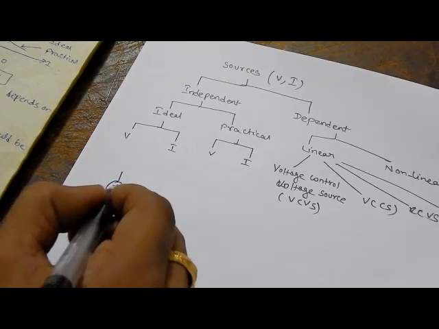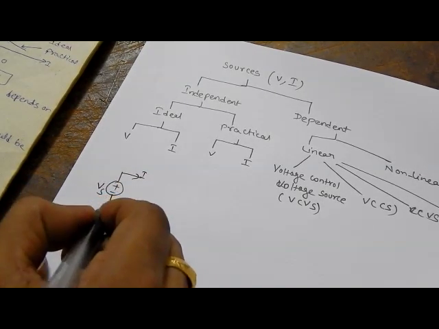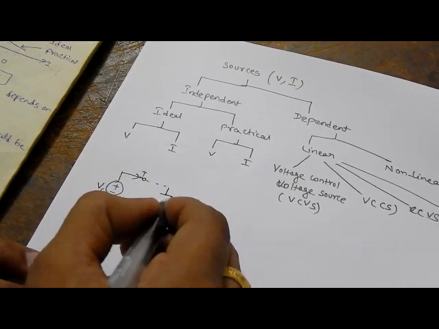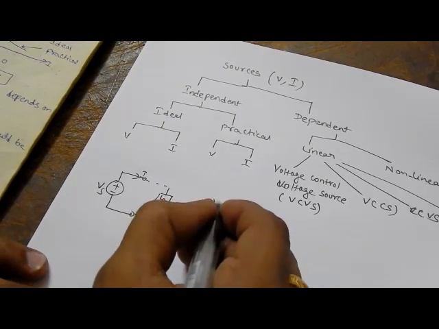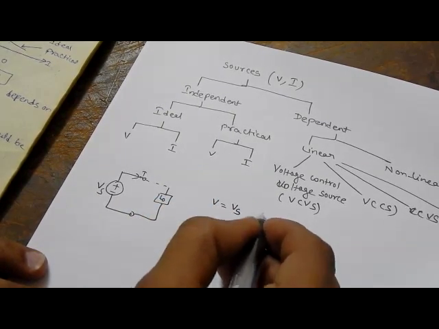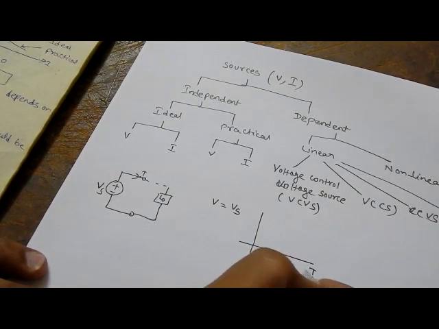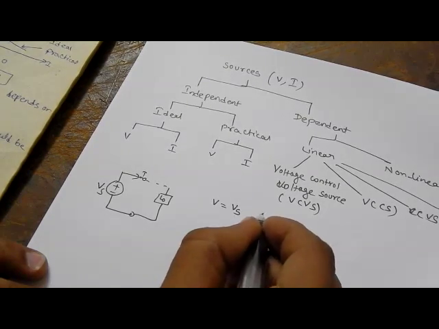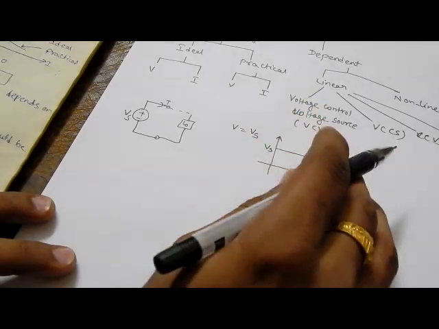So this is a voltage source Vs with some load. So V is equal to Vs. That means the current keeps on changing, but there is no change across the Vs. It will not depend on any parameters, so it is a constant value.